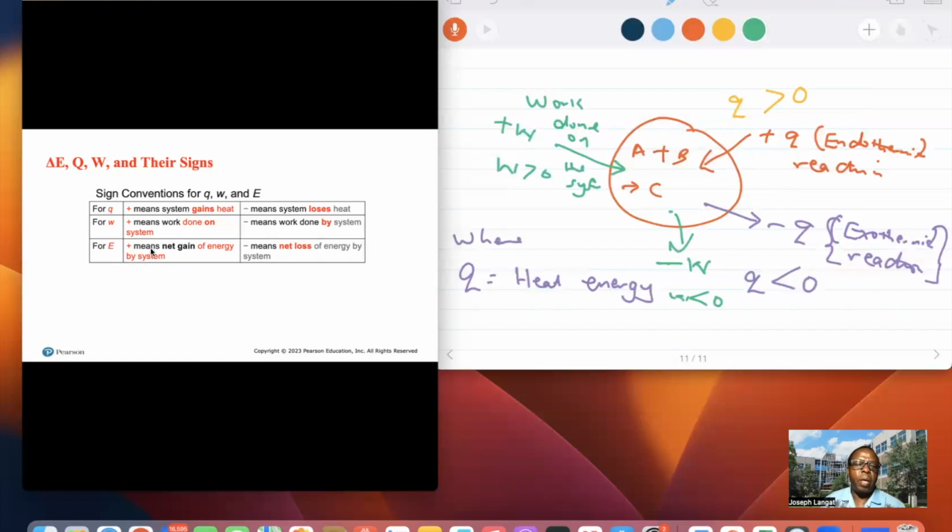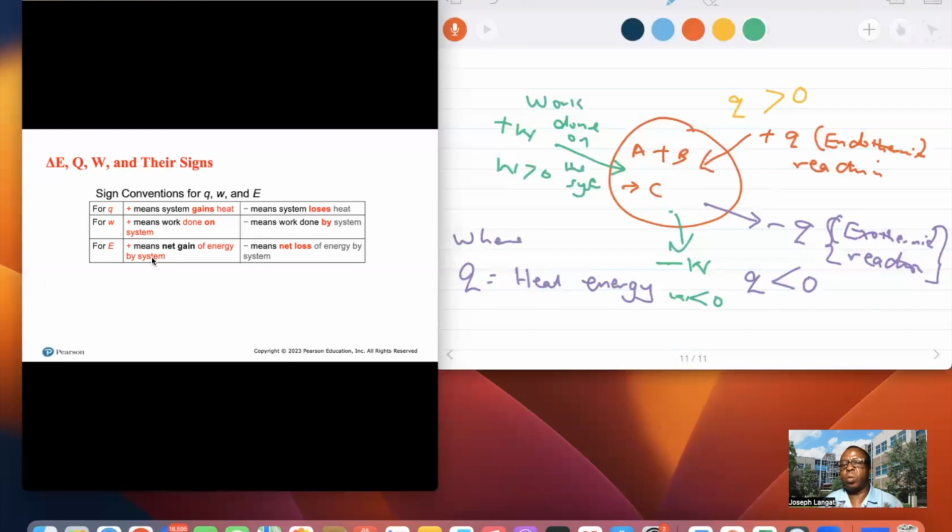For E, positive means net gain of energy by the system, and negative means net loss by the system.